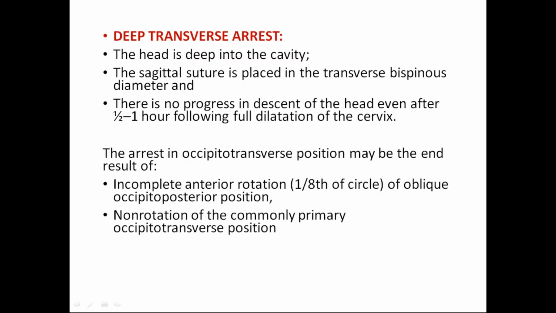Face to pubis. Deep transverse arrest. In the deep transverse arrest, the baby is in transverse position, the head is deep in the cavity, and there is no further progress. I told you there are three things. Deep means the baby is deep in the cavity, the position is transverse, the sagittal suture is along the transverse diameter, and there is arrest, with no further progress for 1 hour.